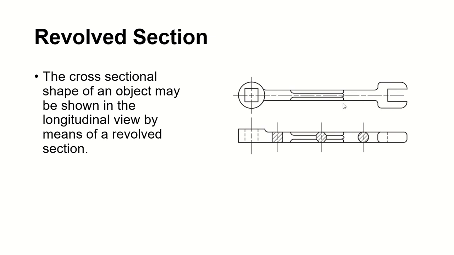This is the cross-sectional shape of this object, and we're going to show it in a longitudinal view, and we'll be doing the revolved sectioning. So this little square is right here, and that is right there, okay? And this section part is right there. We're just revolving, and then of course that is this.